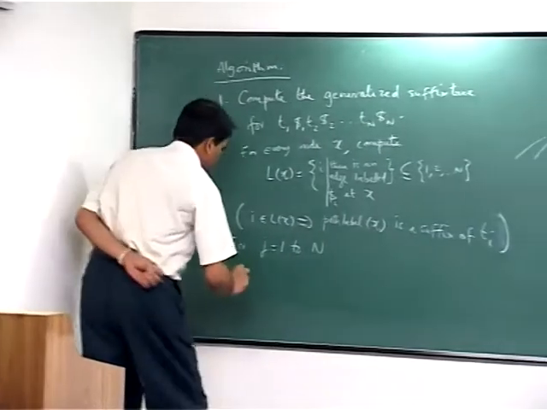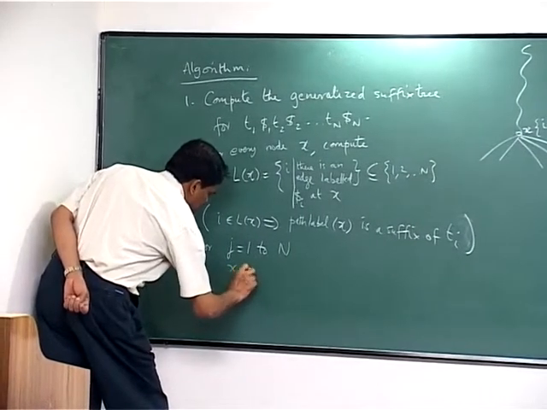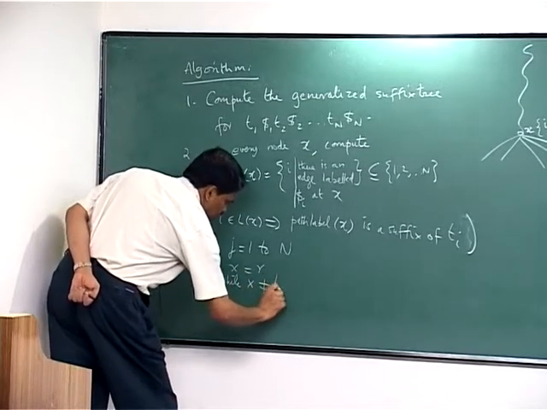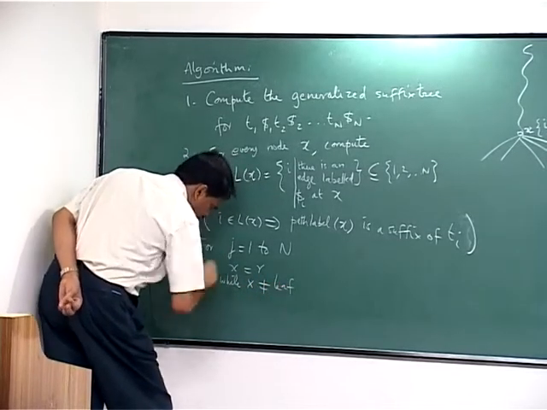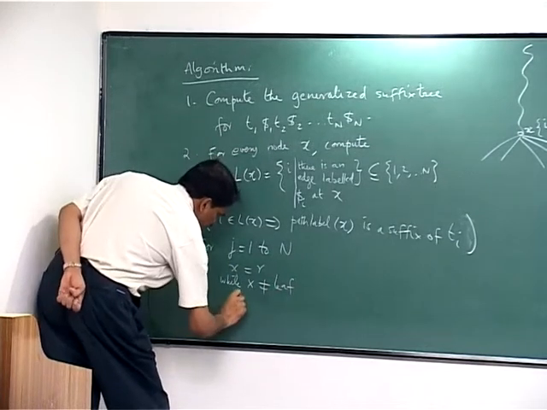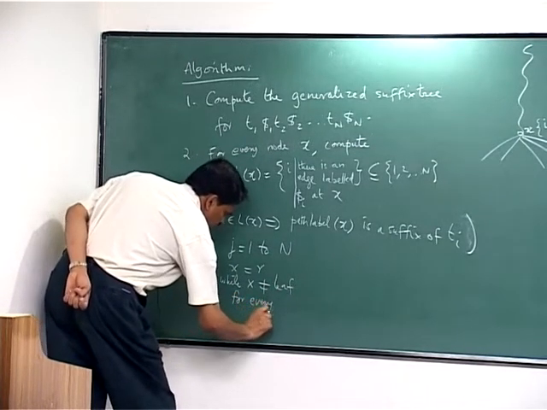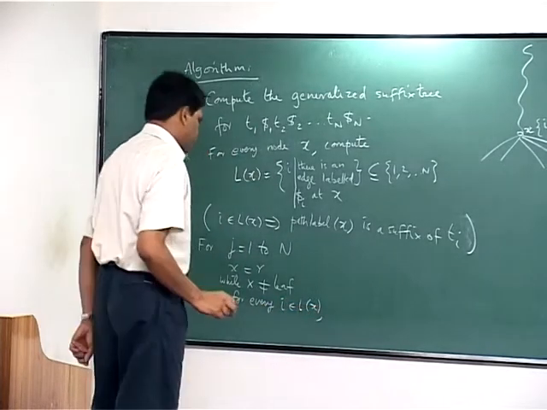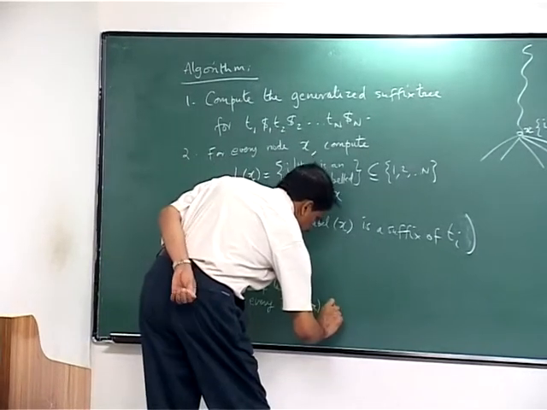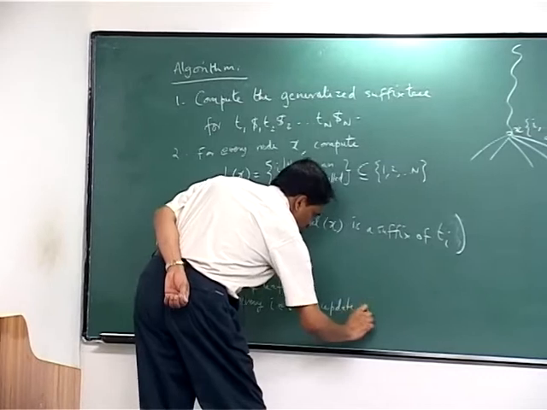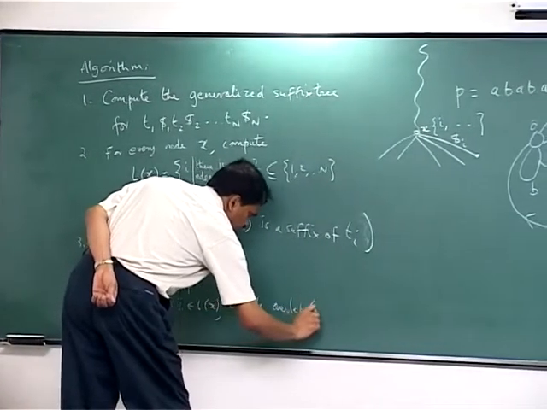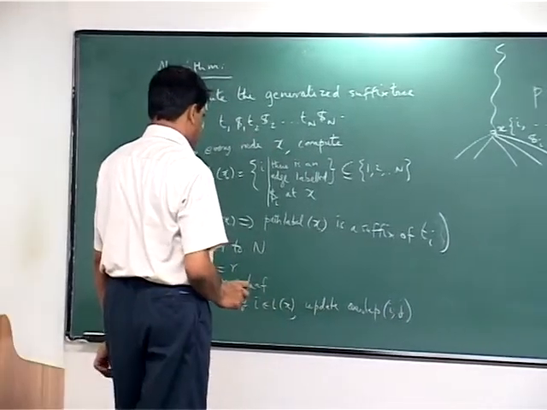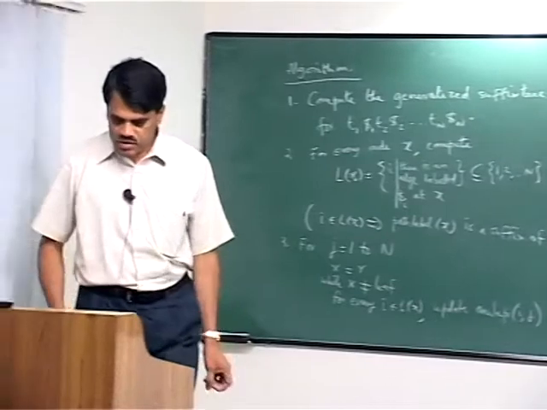For j equal to 1 to n, x is r, while x is not a leaf, for every i in Lx, update the overlap of i and j to the depth of x.